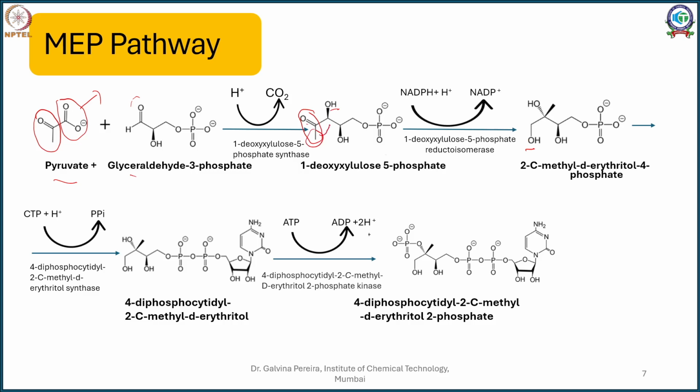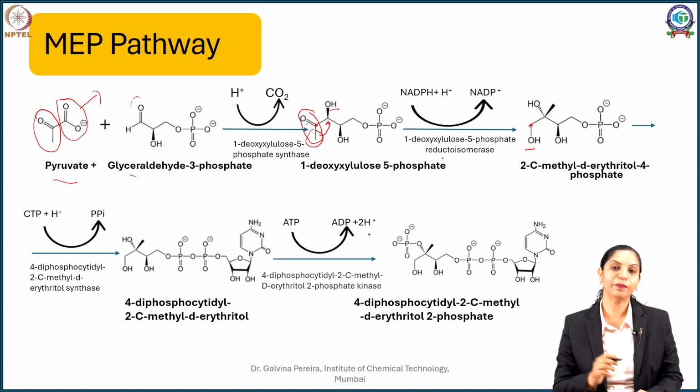This methyl shifts to this carbon, and the ketone which was on this carbon has now been converted into alcohol. That is done in the presence of the enzyme 1-deoxyxylulose 5-phosphate reductoisomerase, because reduction is happening as well as isomerization.